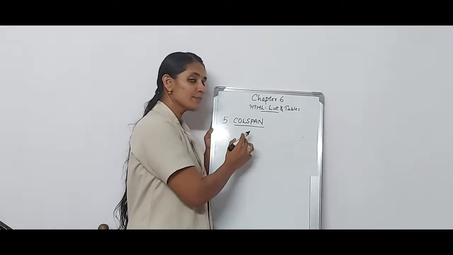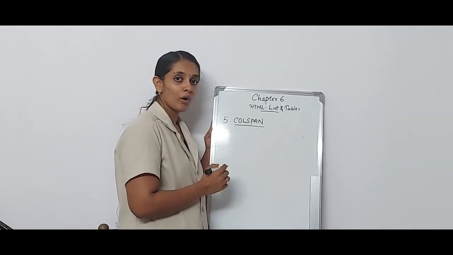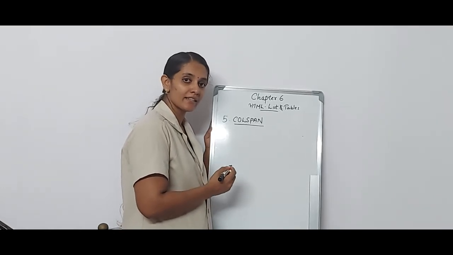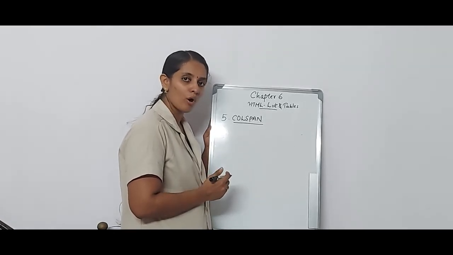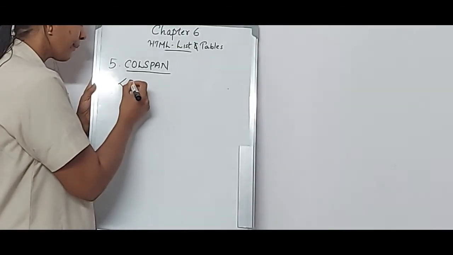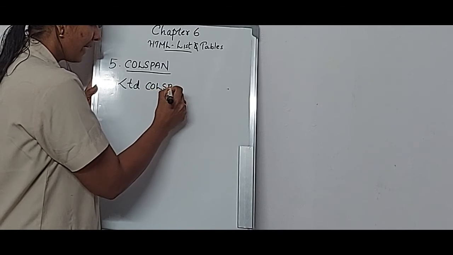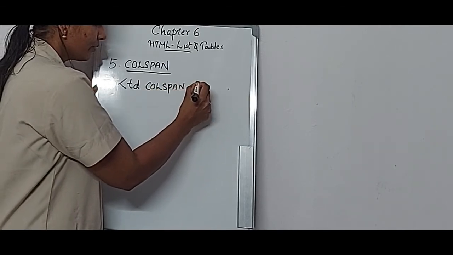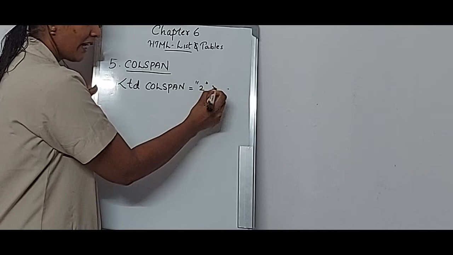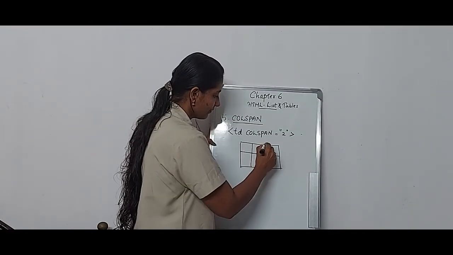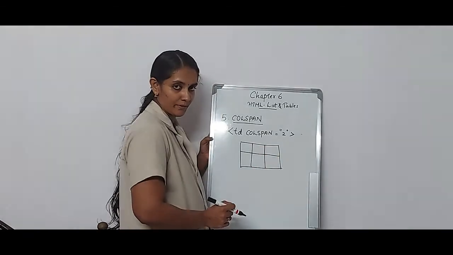Next is colspan attribute. The colspan attribute applies when a single cell is extended to more than a single column. You write it like this: td colspan equal to 2 or 3, any value you can give, with the 2 rows and 3 columns.